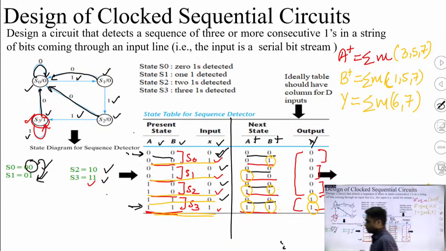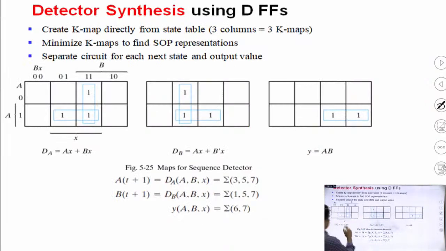Okay. So, after preparing the table we have noted the minterms, and once these minterms are ready we have to solve 3 K maps, one for A plus, one for B plus, one for Y. So, in the next step we can see that this is the K map 0 1 3 2 4 5 7 6. So, 3 5 7.